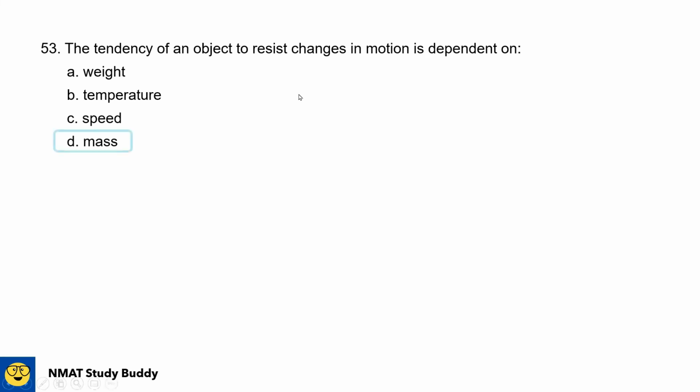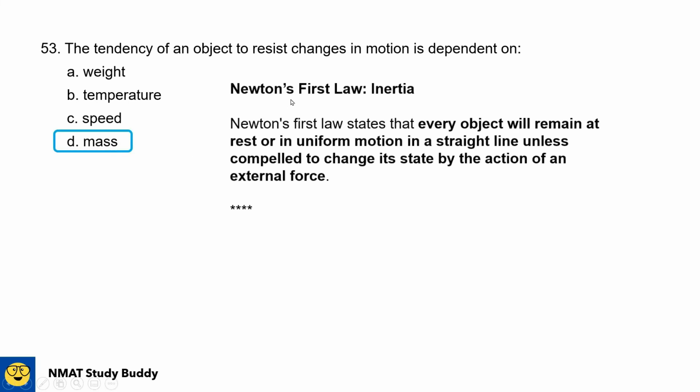So the correct answer here is letter D, mass. So according to the Newton's first law o yung tinatawag nating law of inertia, every object will remain at rest or in uniform motion in a straight line unless compelled to change its state by the action of an external force.